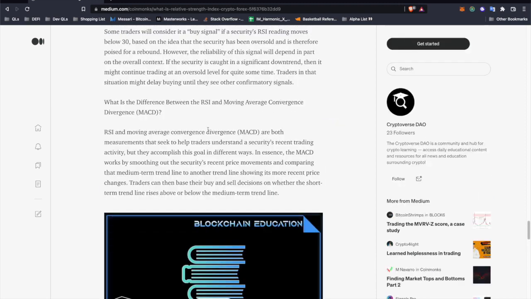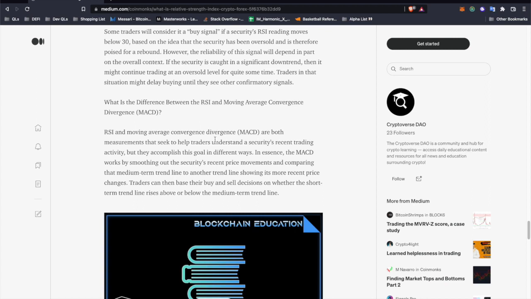MACD, right? So the RSI is the relative strength index, and this one's the moving average convergence divergence indicator. They are somewhat similar. They're both measurements that seek to help traders understand recent trading activity of an asset, but the way they go about this is somewhat different. The MACD works by smoothing out the security's recent price movements and then comparing that medium-term trend line to another trend line showing its more recent price changes.